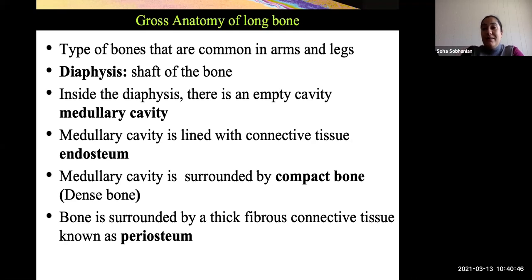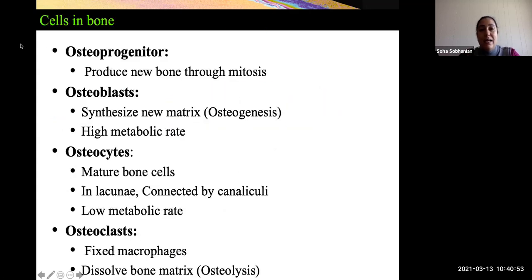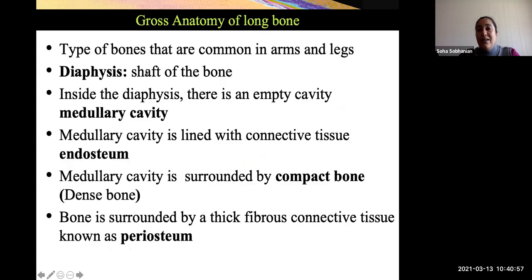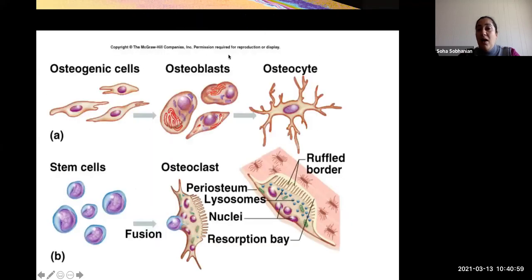So there are not three or four different types of bones. They undergo changes. If you go back to this, the osteoprogenitors, which are the same thing as the osteogenic cells, basically become osteoblasts. Notice how the arrows are moving. Then some of the osteoblasts, if they get stuck in the bone, mature into osteocytes.